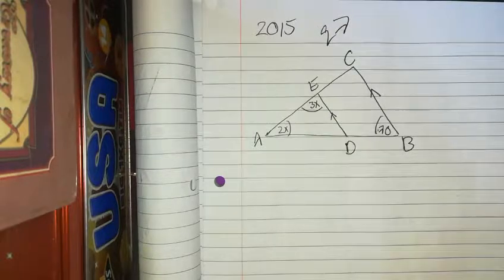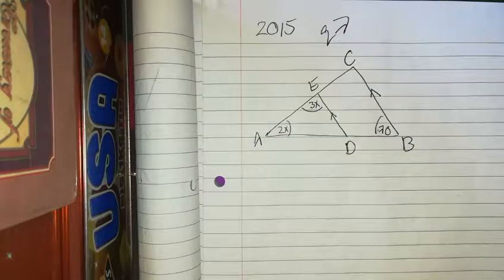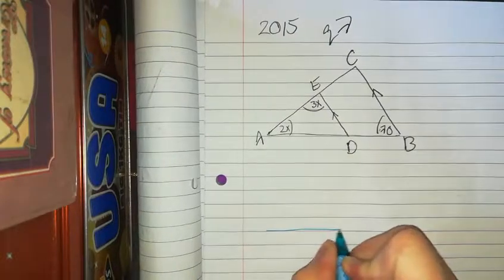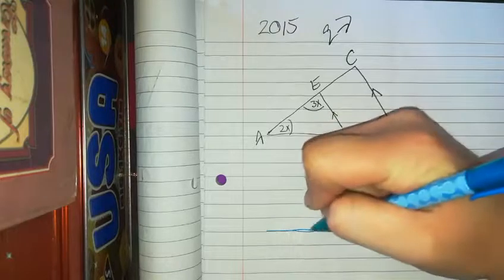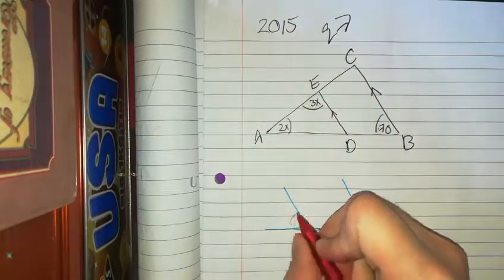x. So what I can see here is, if I have just a straight line, and then I have two lines that are parallel, the angles that they're going to cut off are going to be corresponding angles.